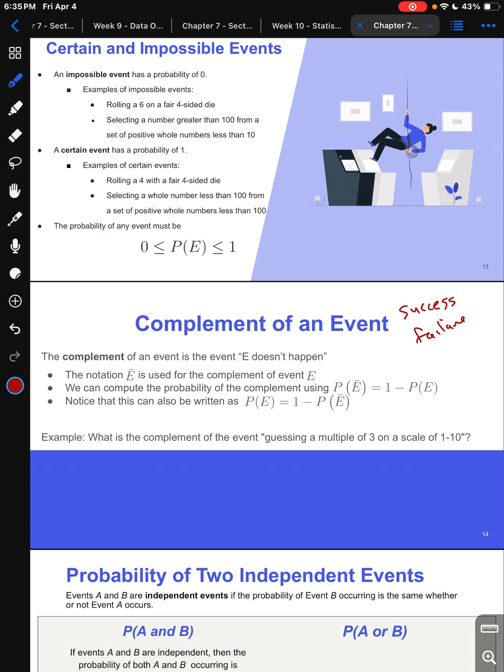E bar looks like this. That's what you usually denote a complement of E as. We can compute the probability of E bar as 1 minus the probability of the event. And correspondingly, the probability of the event is equal to 1 minus the probability of its complement.